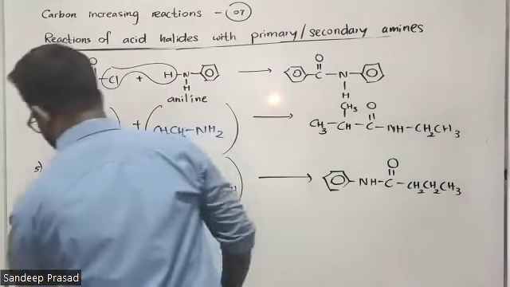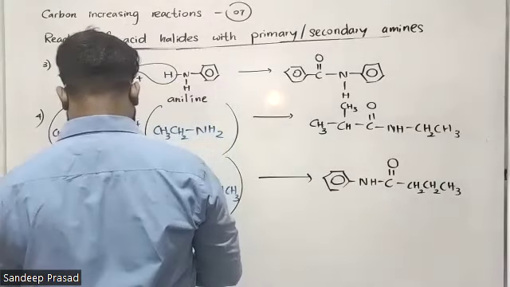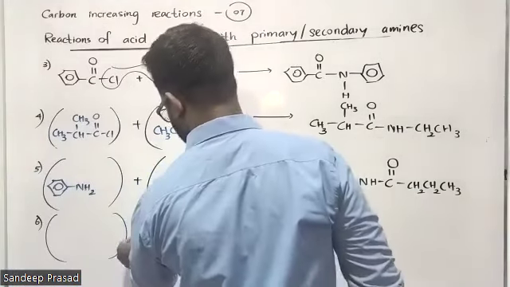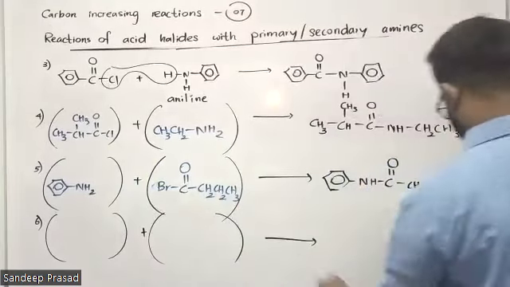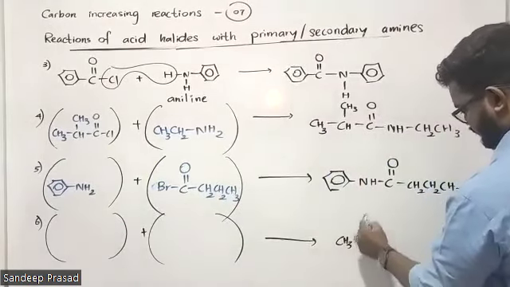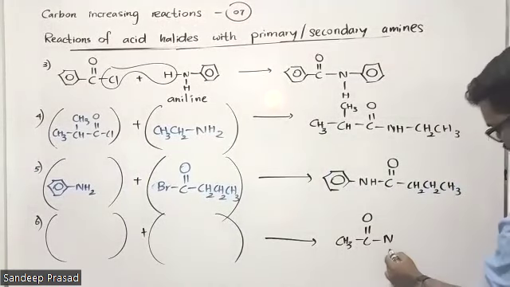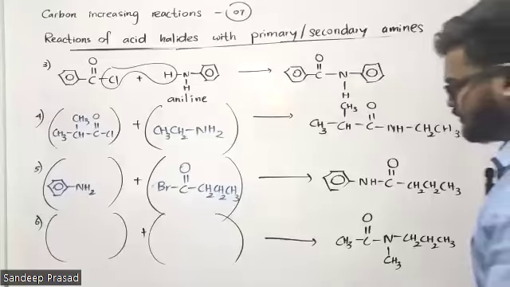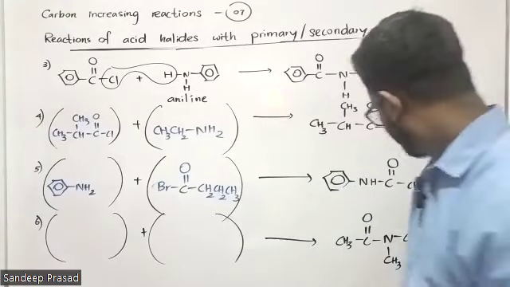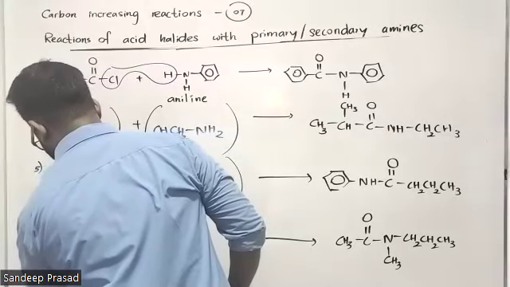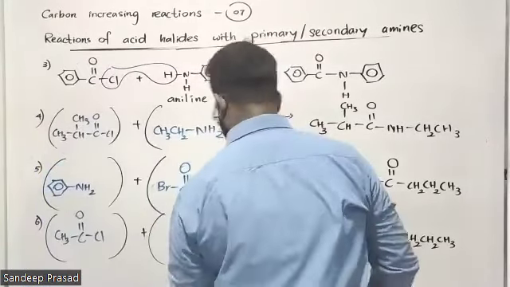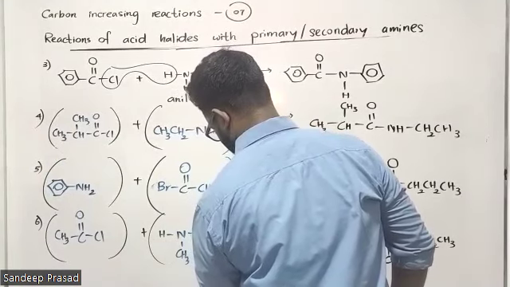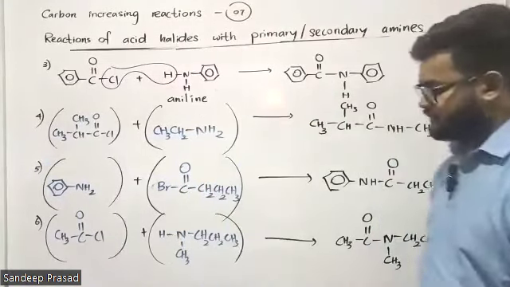Example number 6. We can say that CH3, C double bond O Cl, a secondary amine, CH3 group N. Okay.